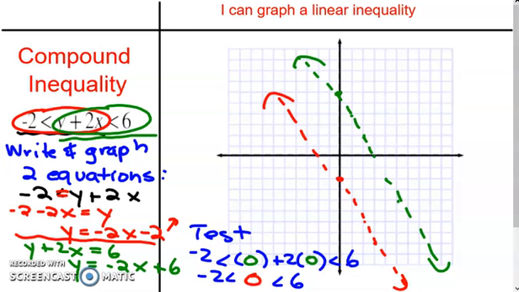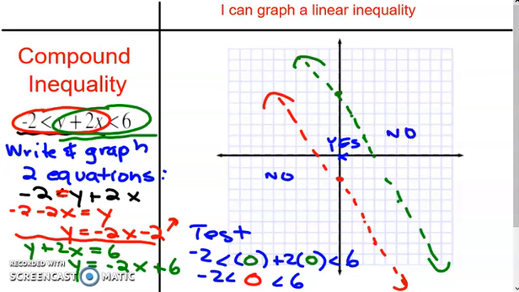So I'm going to ask myself, is this true? Is 0 in between -2 and 6? Yes, that is true. So when I tested this, this was a yes, which means outside the double lines is going to be a no. So this would be a no, this would be a no.